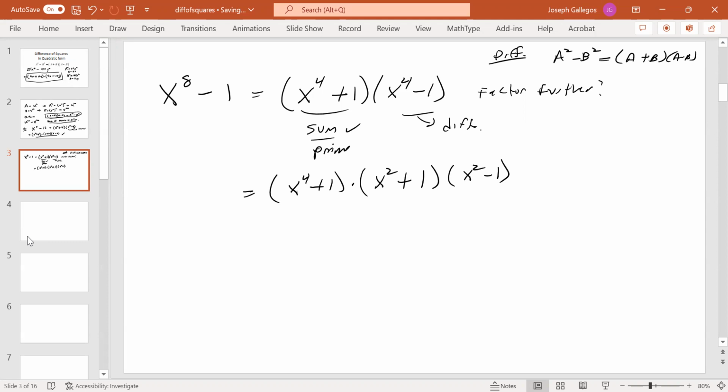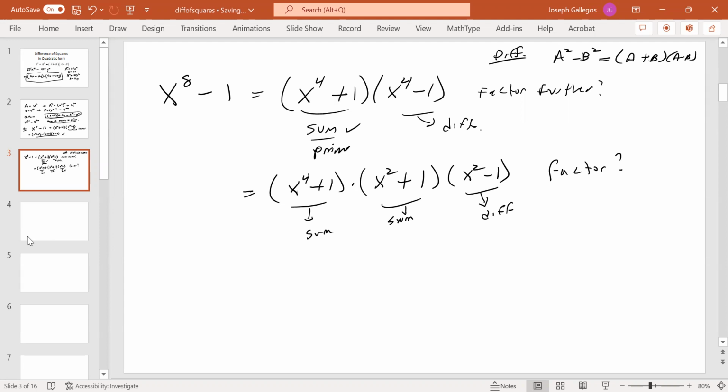Now we ask ourselves, can we do any more factoring? Again, x squared plus 1 is a sum of squares, and that cannot factor further. It's prime. But x squared minus 1 is the difference, so it can factor more.